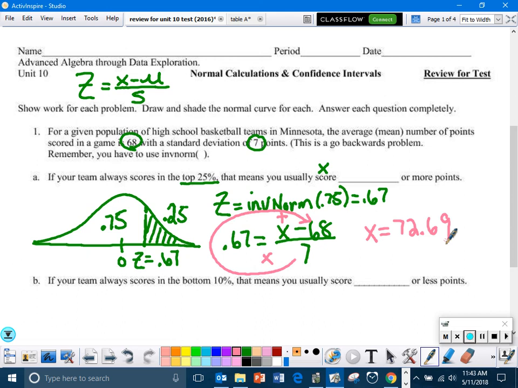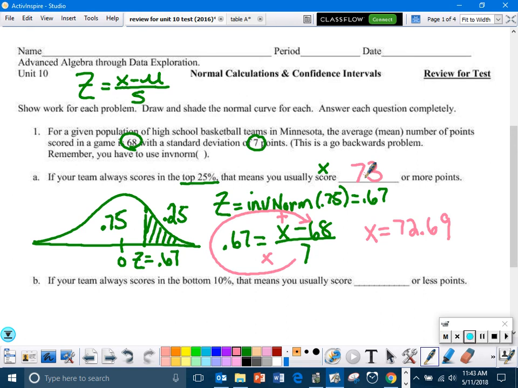Well, you can't have a 0.69 of a point, so we're going to round it up. So we're going to say 73. So if your team always scores in the top 25%, that means you usually score 73 or more points.